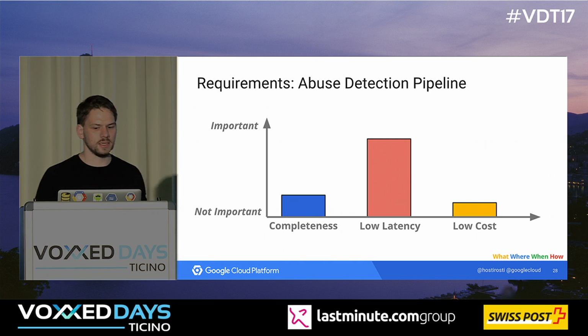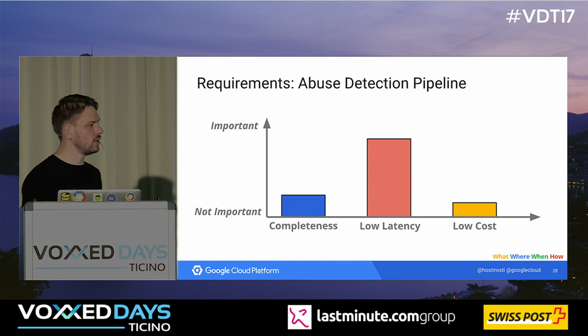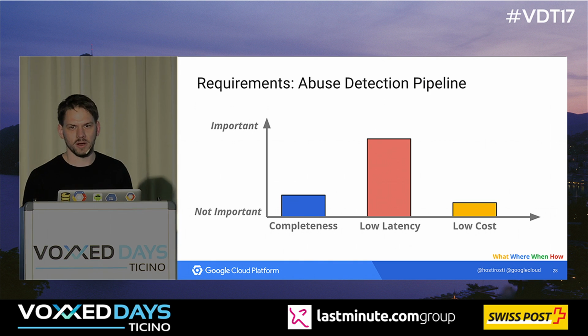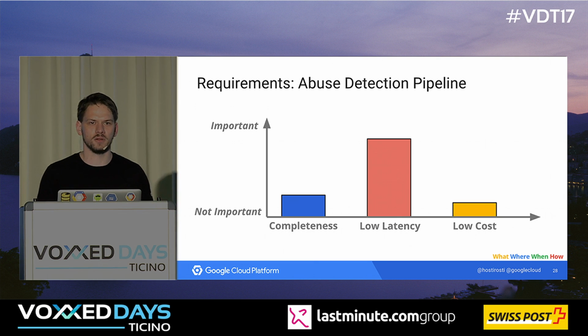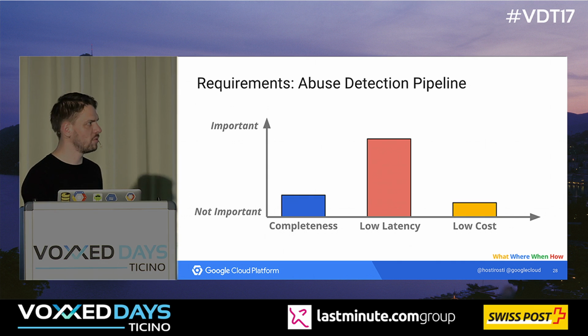And a third use case is abuse detection. Now, for abuse detection, completeness is not that important. Low latency is very important. If your systems are abused, it incurs cost for you that you cannot charge anybody for. So you want to detect that as fast as possible. Of course, you don't want to interfere with your customers in the sense that you constantly name your correct, valid and proper customers as abusive customers.